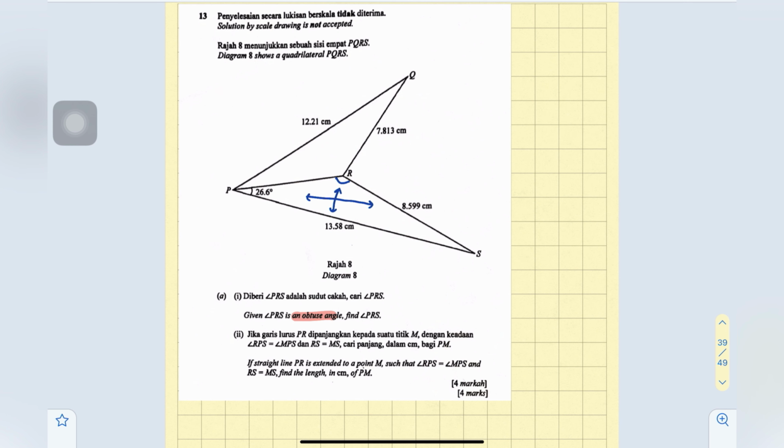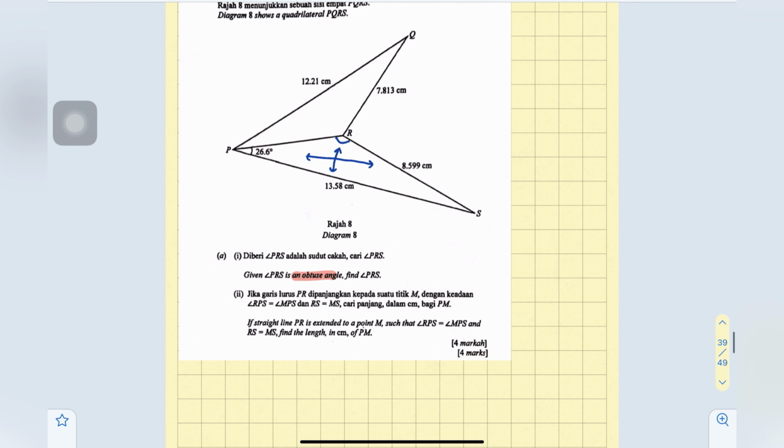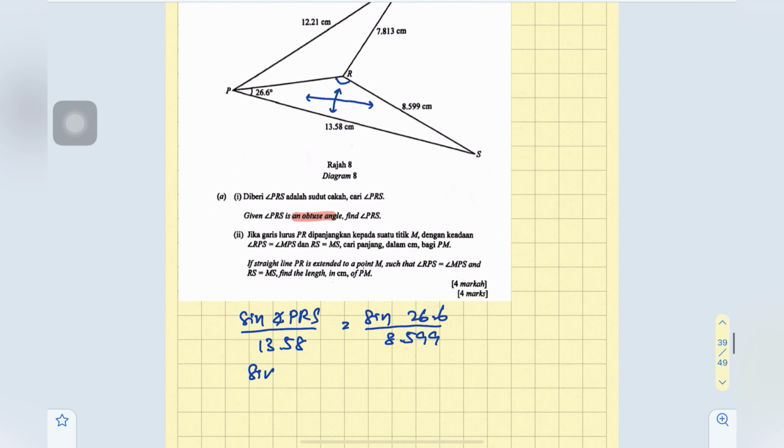Okay, so then kita boleh guna sine rule. Okay, so sine angle PRS over opposite side is 13.58 equals to sine 26.6 over 8.599. Okay, so kita boleh carilah sine angle PRS equals to sine 26.6 over 8.599 times 13.58.